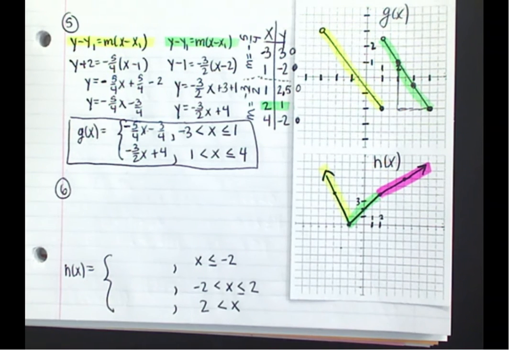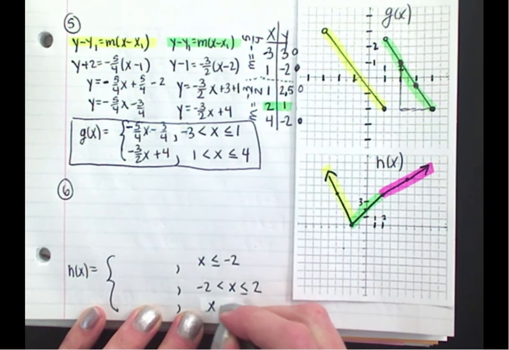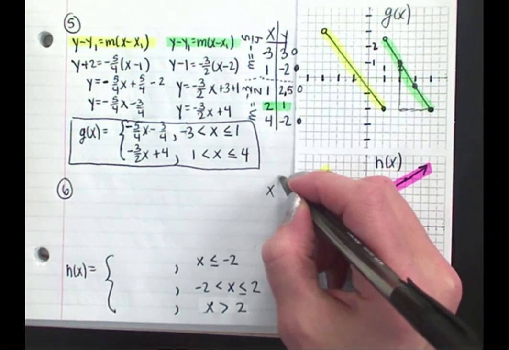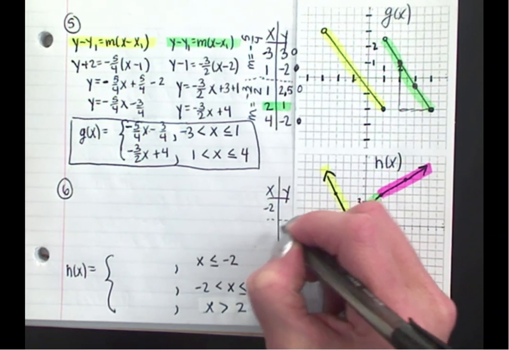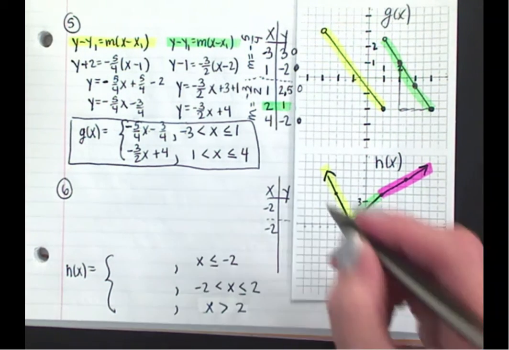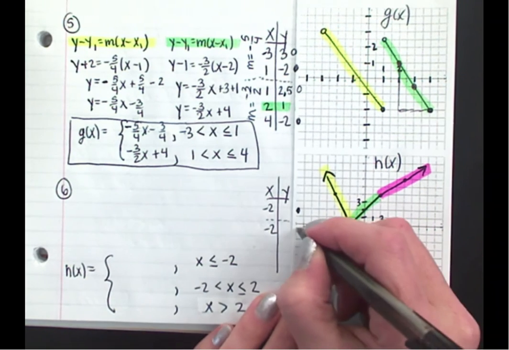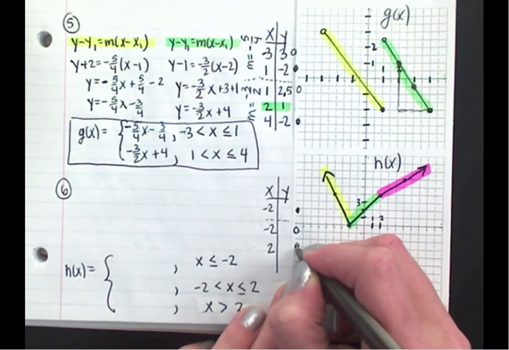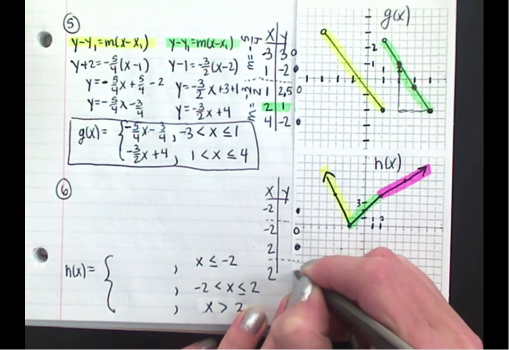Oh, there you go. That's kind of in the wrong order, but I'll redo it. Okay, so x greater than 2. Notice, I defined my endpoints. So when I'm looking at this graph, I'm assuming that the yellow endpoint is open, and then this one is closed, and that this one is closed, and that the pink one is open.